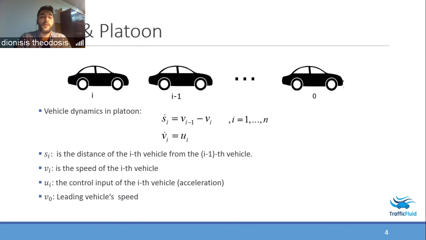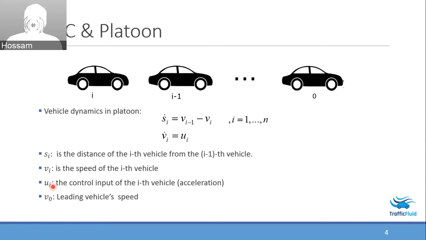When we place several ACC systems along a string, we have a platoon of vehicles that may reduce accidents, may increase traffic flow and capacity, and may even reduce fuel consumption. Here we will use the following index for the platoon, with 0 the leading vehicle, with 1 the first vehicle, 2 the second vehicle, and so on.